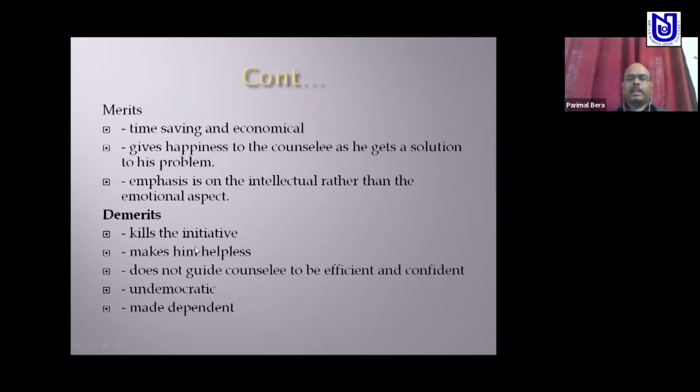When you are directly intervening and directly identifying the problem, it may be time consuming or economical, you may not take many sessions most of the time, and it gives happiness to the counselee as he gets a solution to his problem.